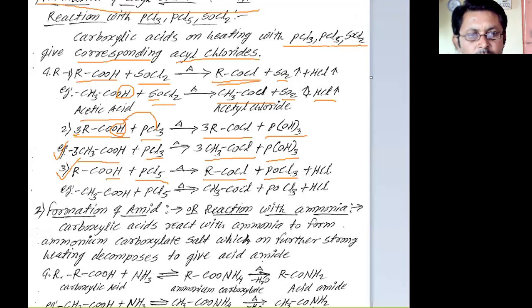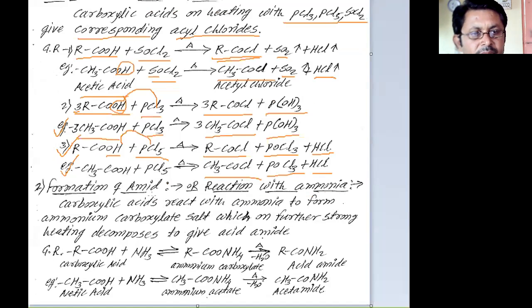The remaining one chlorine atom combines with that hydrogen atom, we get HCl, so the reaction is balanced. For example, acetic acid when treated with phosphorus pentachloride gives acetyl chloride with POCl3 and HCl.